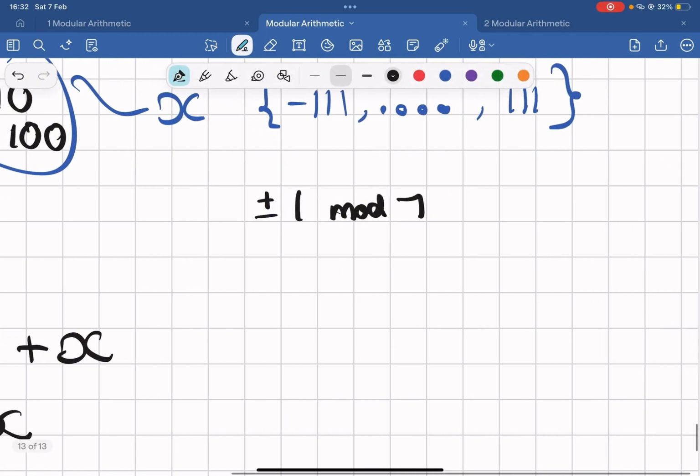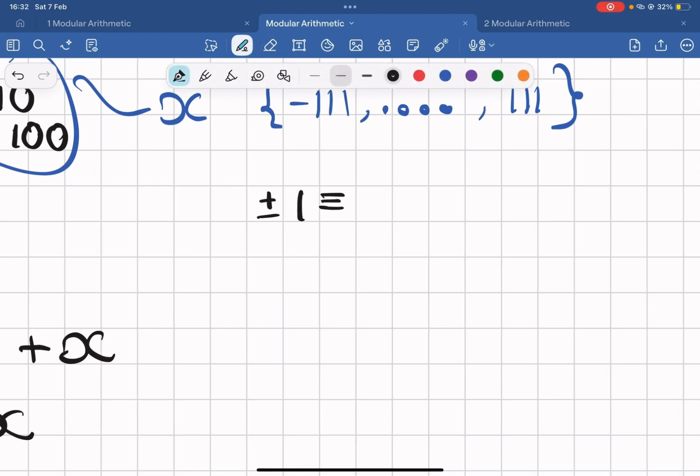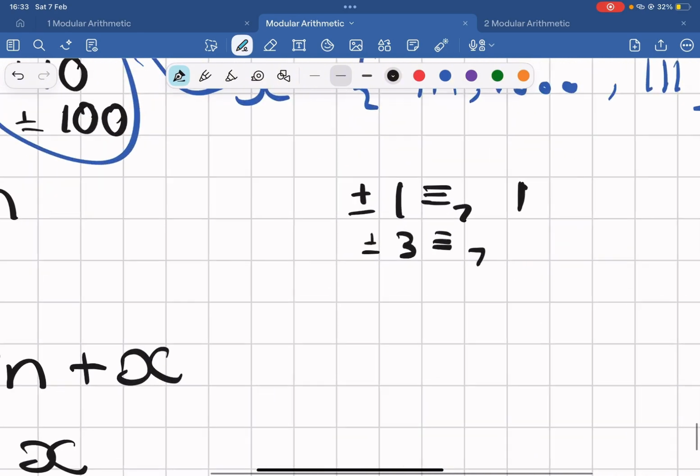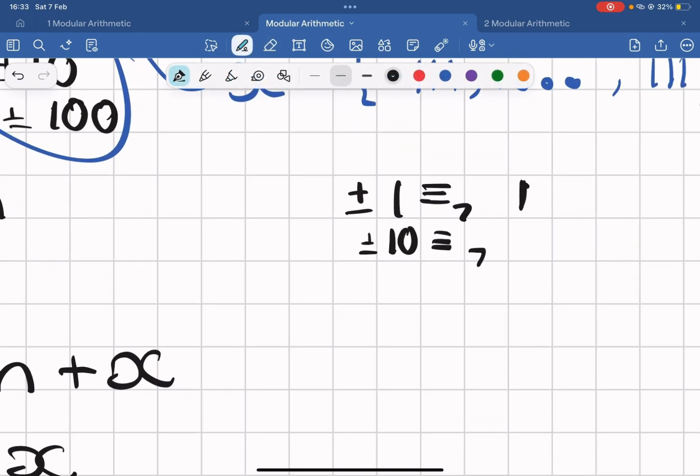So plus or minus 1 mod 7 is simply plus or minus 1. Sorry, we're working with 10 is equivalent to 3, and plus or minus 100 is equivalent to 2 mod 7.